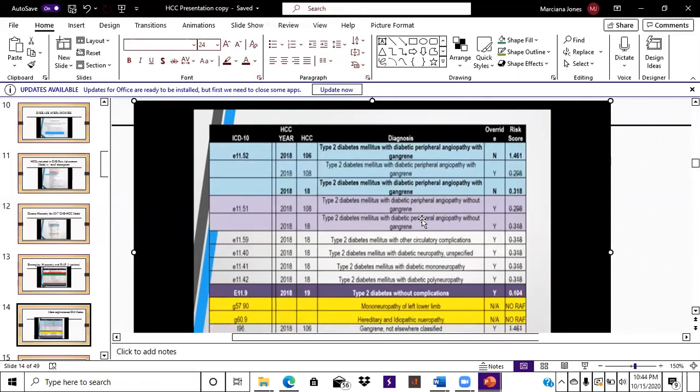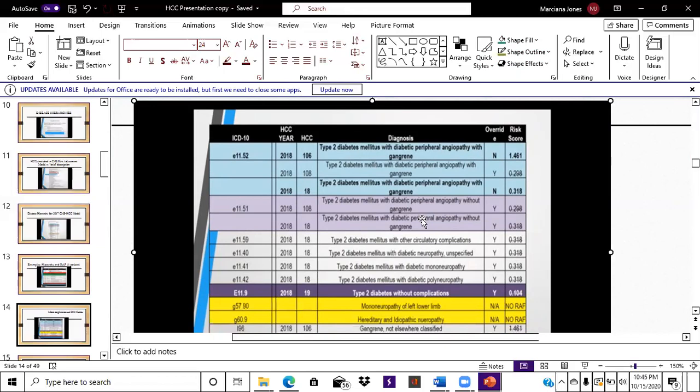So the first code is E11.52, and it's in HCC categories 106, 108, and 18. Remember I showed you in the beginning how the 106 overrides the 108. So they're only going to get credit for the gangrene.